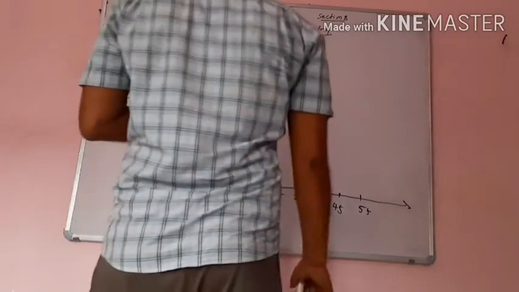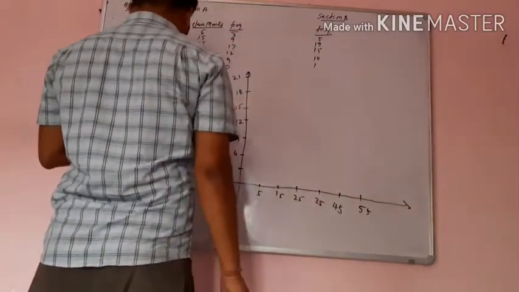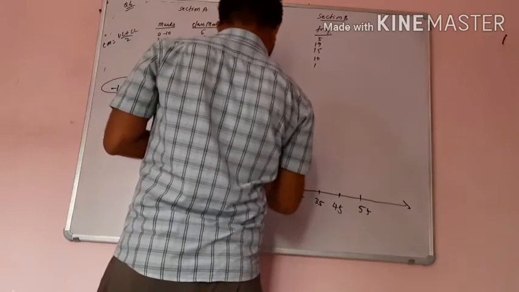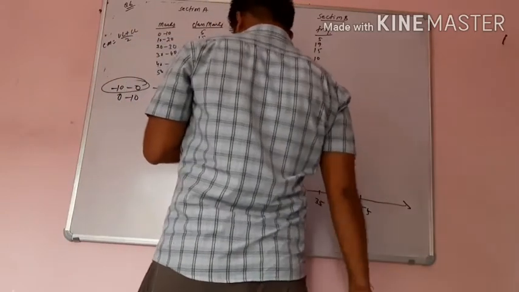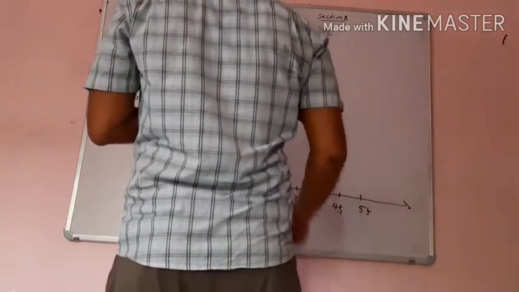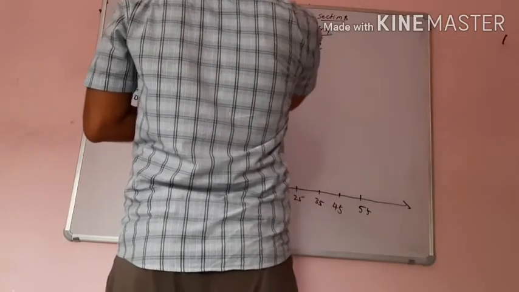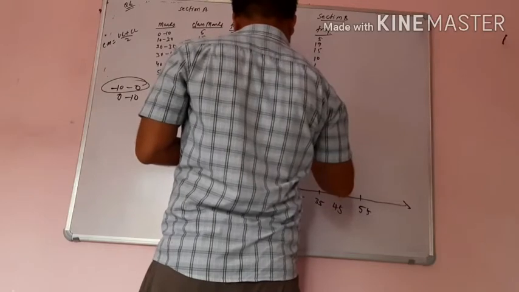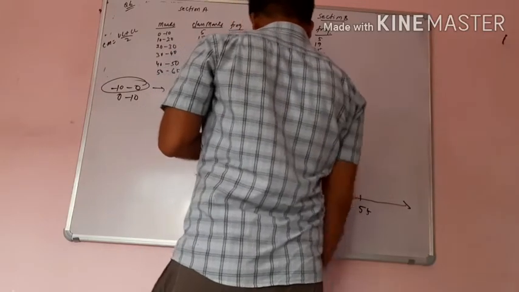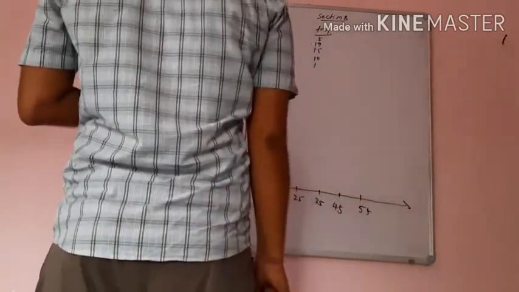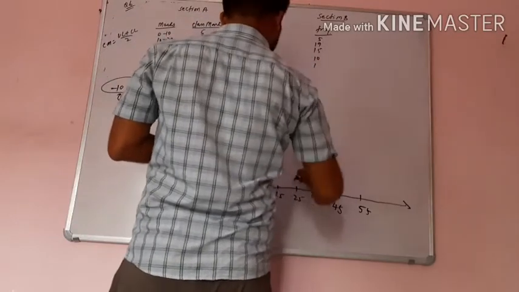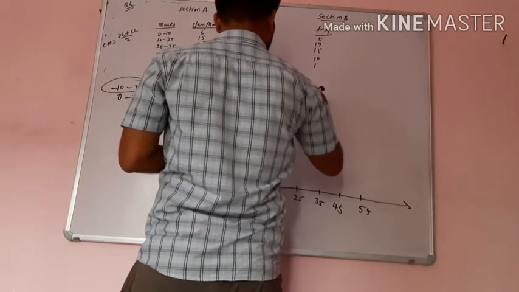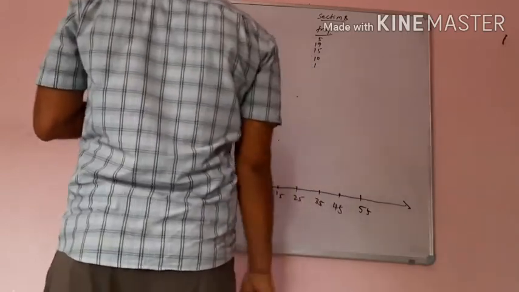Now at 5 the frequency is how much? 5. So 5 will be here. At 15 the frequency is 9. At 25 the frequency is 17.